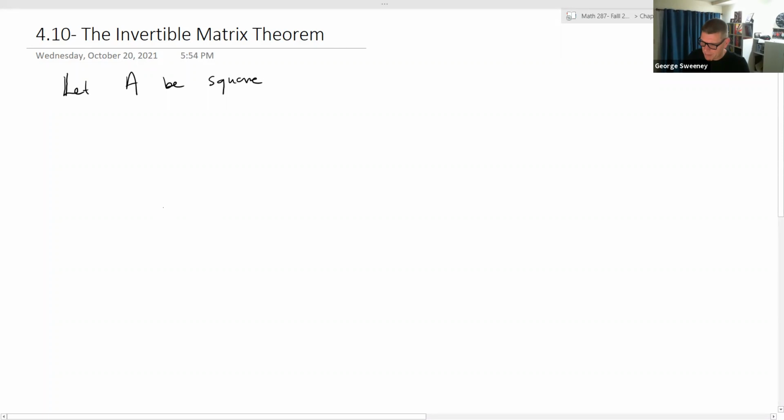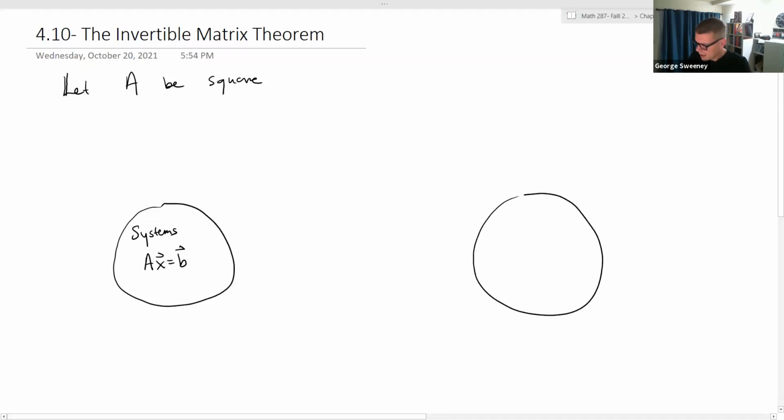And in the world of matrices, what we've done thus far, we've got, on the one hand, systems, and these systems are those of the form AX equals B. And then we have sets of vectors, v1, v2, all the way up through vn. At first, they just don't seem related.